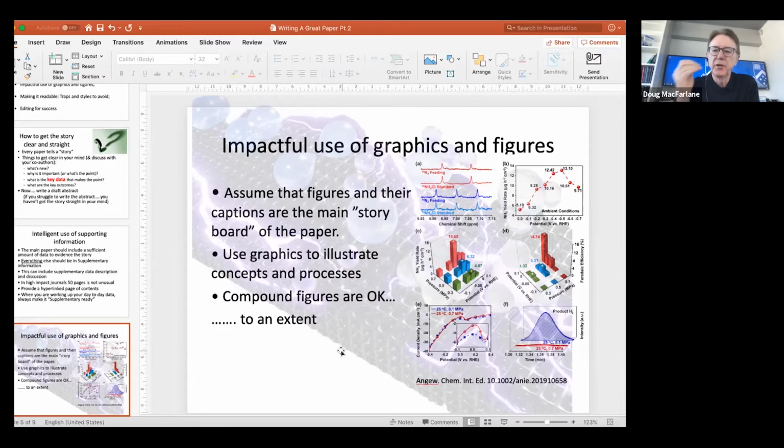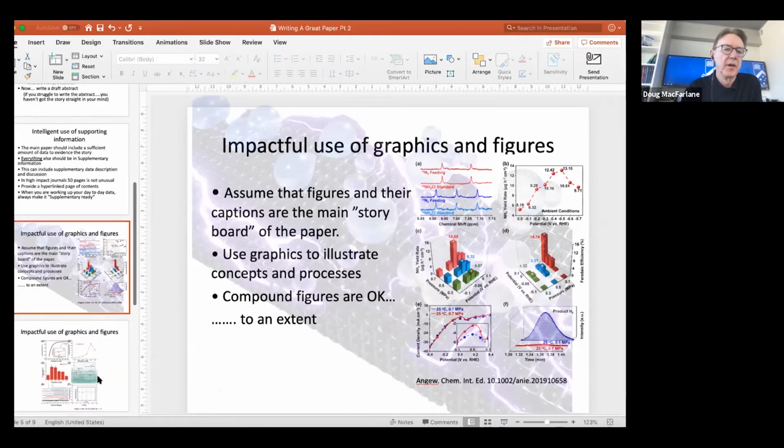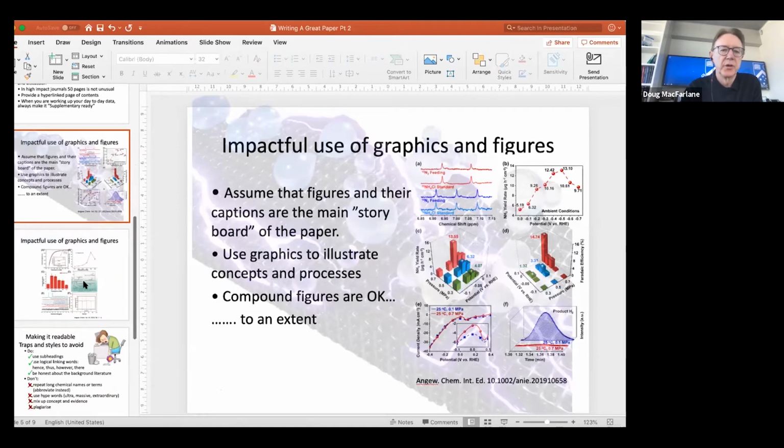See if you can put the hypothesis of your paper into a scheme or a graphic that illustrates it. Remember, it's only a speculation. We'll come back to that point in the paper. Usually, but it's still very useful, so the reader has a visual impression of what you're thinking about, much easier than trying to do it in words.